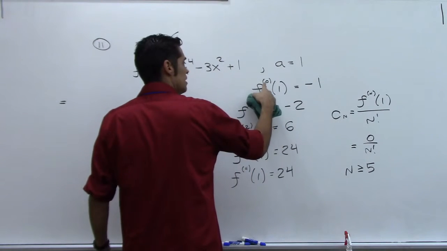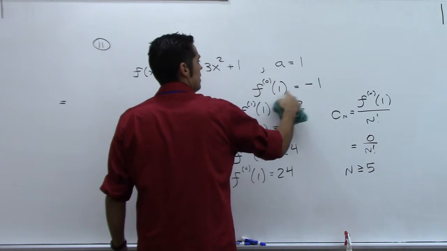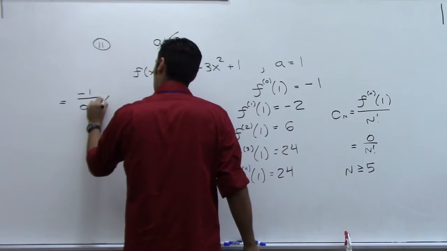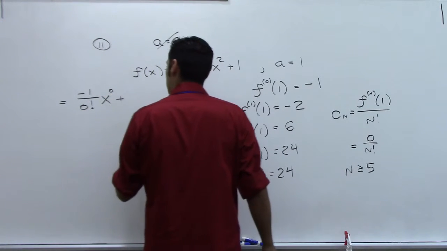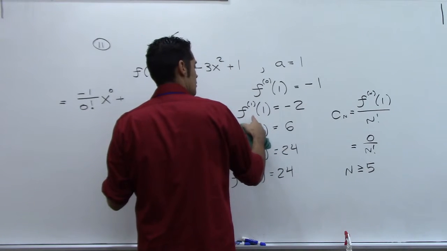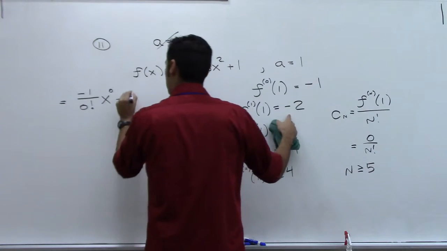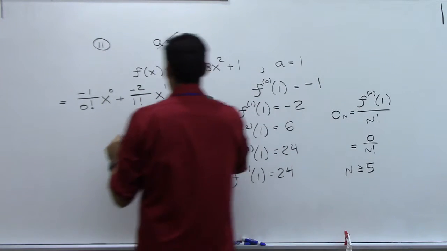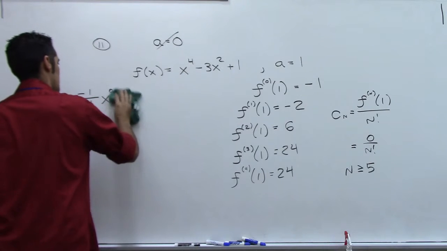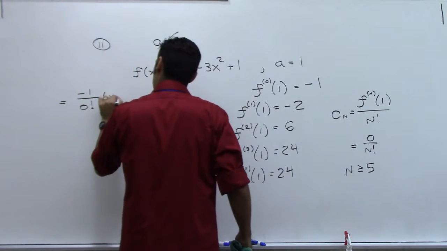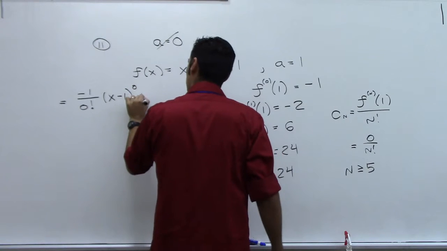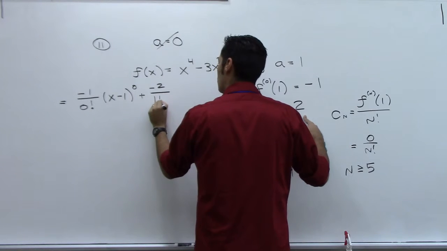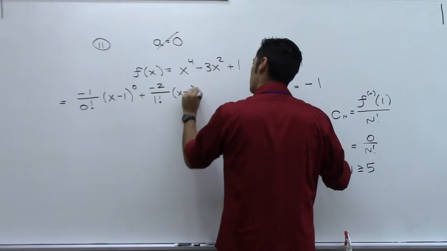C sub 0 is the 0th derivative at a, which is negative 1, over 0 factorial, x to the 0, plus, now c sub 1 is the first derivative at 1, which is negative 2, over 1 factorial, x to the first, sorry, I messed up. It's not x to the 0, it's x minus a to the 0, plus then negative 2 over 1 factorial, then x minus 1 to the first power.